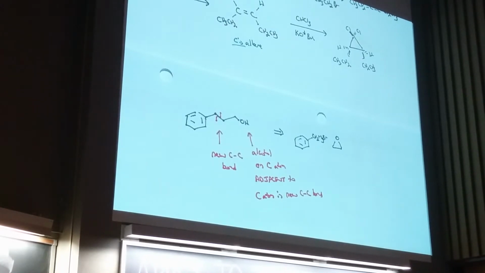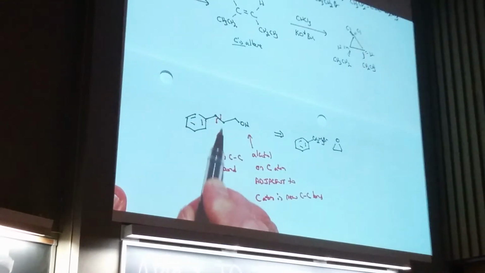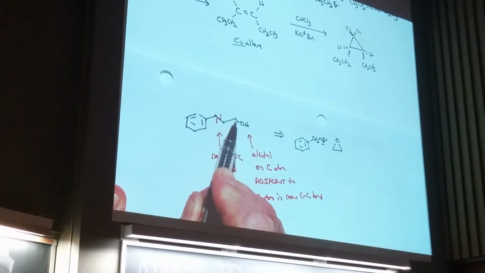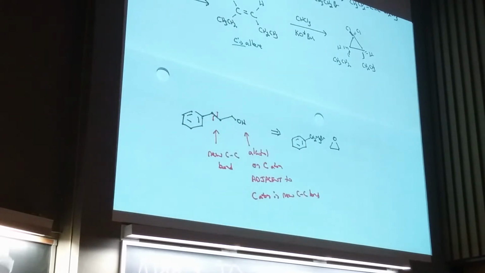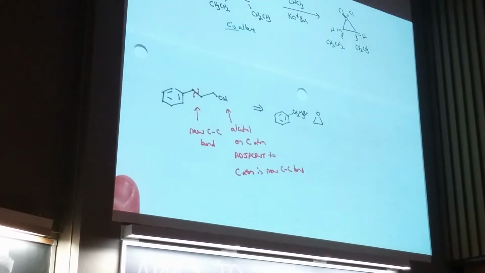So when you see an alcohol where the OH is not directly on the carbon that has got involved in the new bond, but rather one position further away, epoxide ring opening might have been a way to do that. And since we talked about how organometallics react with epoxides, that seems reasonable.